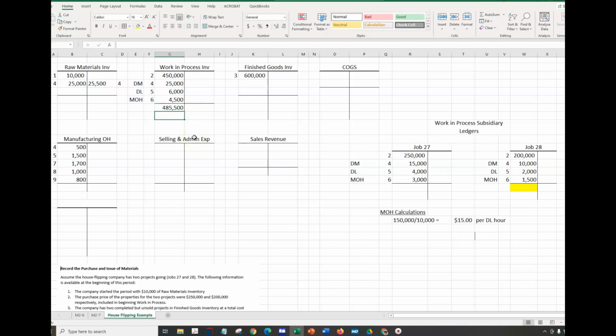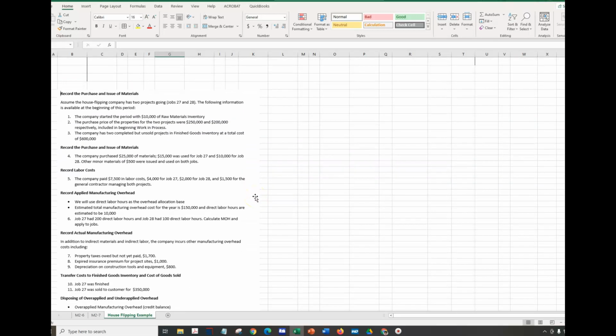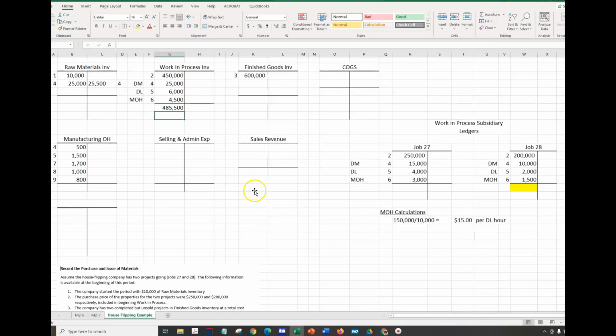So we have total costs here of 485,500. It said job 27 was finished. Job 27 has these accumulated costs, $272,000.